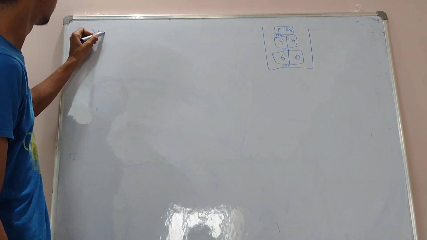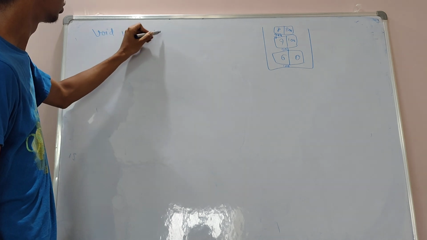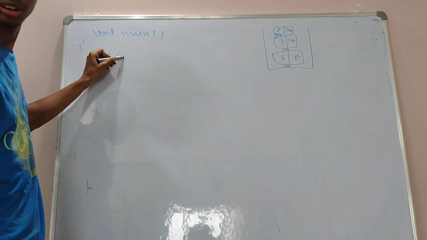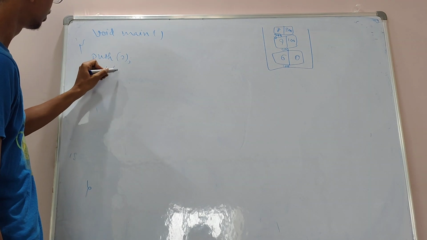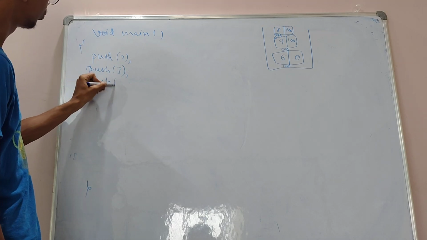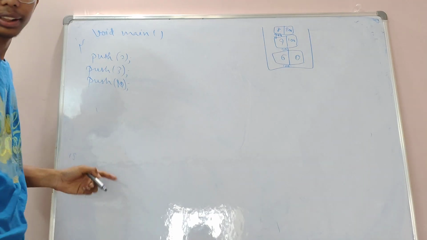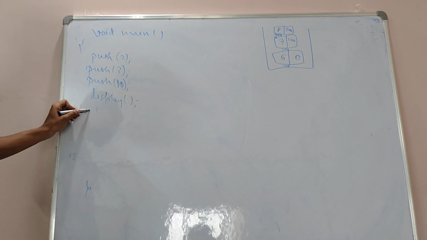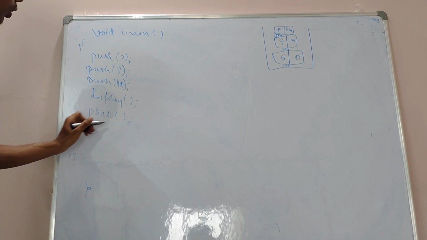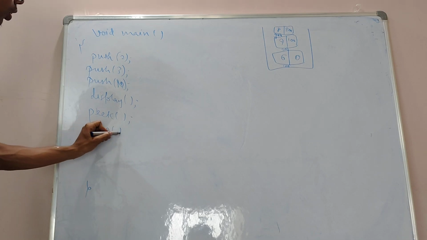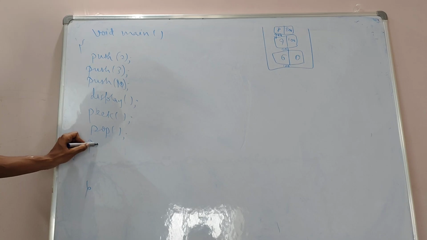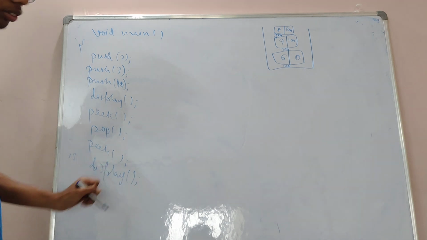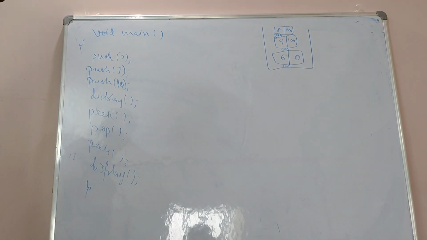Suppose in void main, I am calling first push 2, and then push 3, push 10, and then display function I am calling, then I am calling peek function, then I am calling pop function, then I am calling again peek function, then I am calling display function, right?